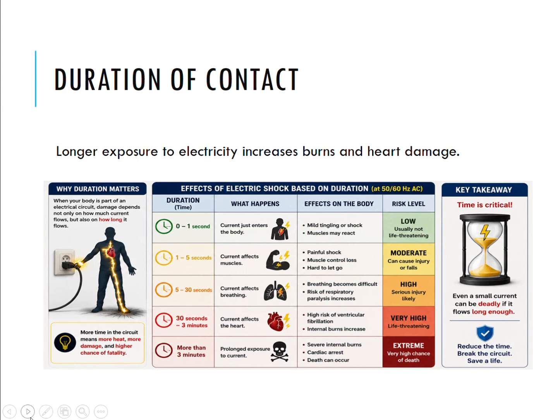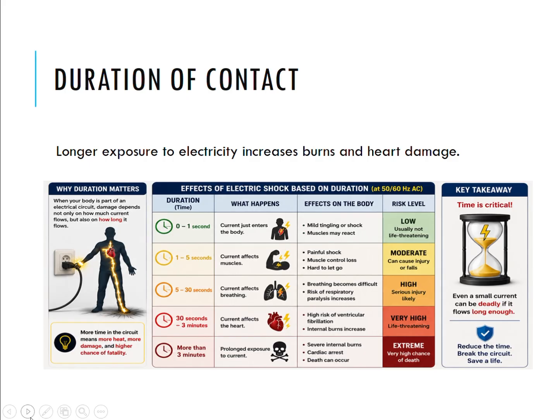At 1 to 5 seconds, current affects the muscles, causing a painful shock, muscle control loss, and it is also hard to let go. And the third, 5 to 30 seconds, this is where it now affects the breathing. Breathing becomes difficult and there is a risk of respiratory paralysis. Then, 30 seconds to 3 minutes, current affects the heart.